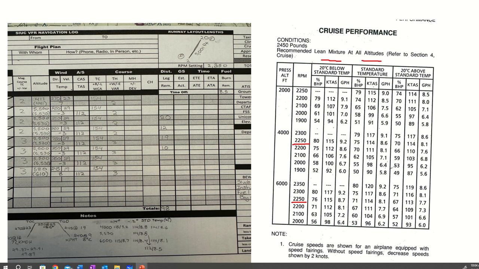Between those two, how many degrees below standard is -3 degrees? Yeah, 7. 7 degrees below. That column there is for 20 below though, so again, we have to go somewhere between those two.